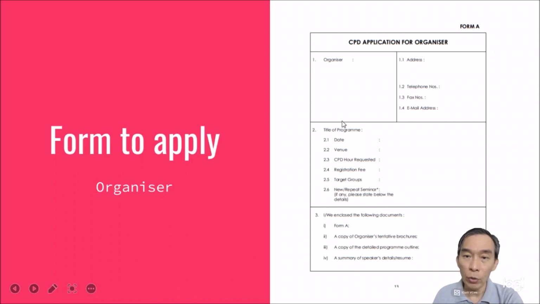So an organizer in such a manner would be the Institute of Engineers or the Malaysian Institute of Estate Agents.